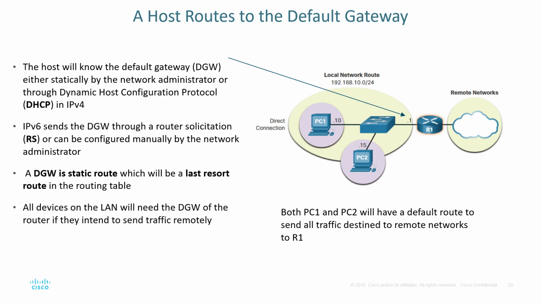And don't forget, when we do our static IP addressing, what are the 3 parameters that we need? Okay, static addressing. Definitely an IP address. Definitely a subnet mask.